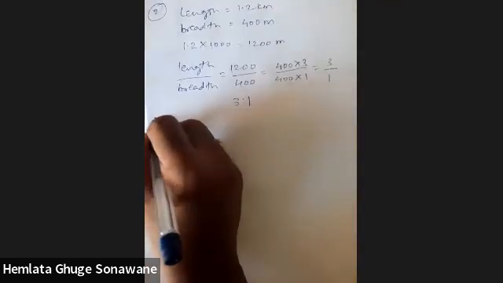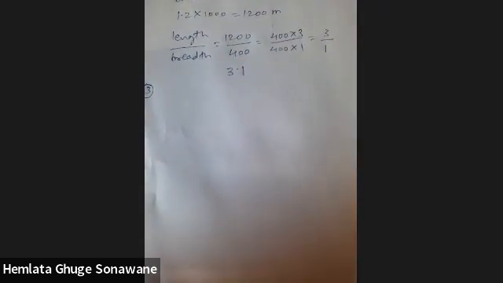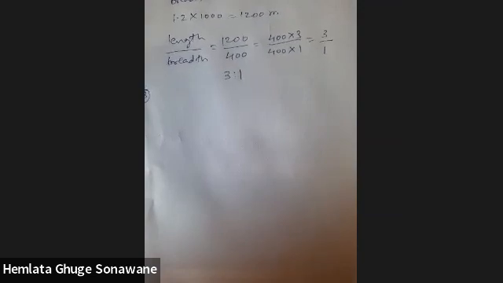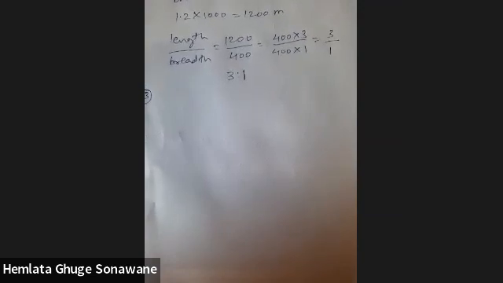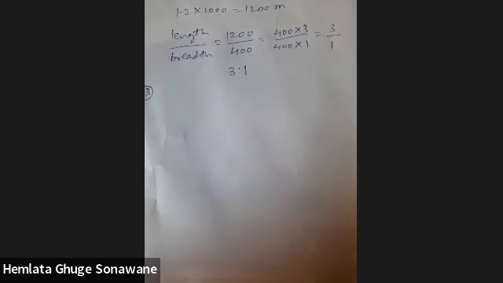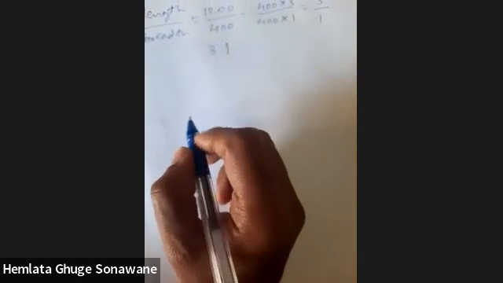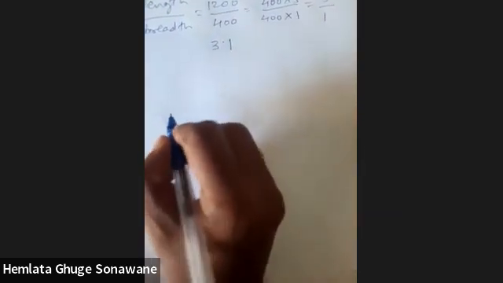We'll take the third example. The ratio of expenditure and income of Mahesh is 3:5. Find the percentage of expenses to his income. Now what is given? Ratio of expenditure and income.